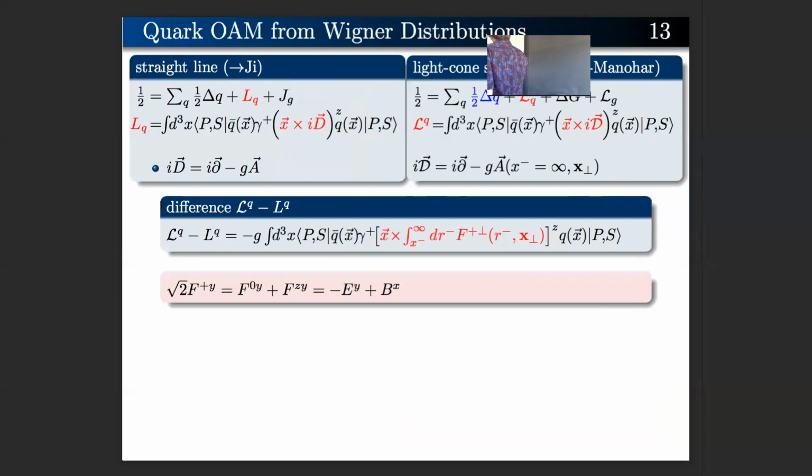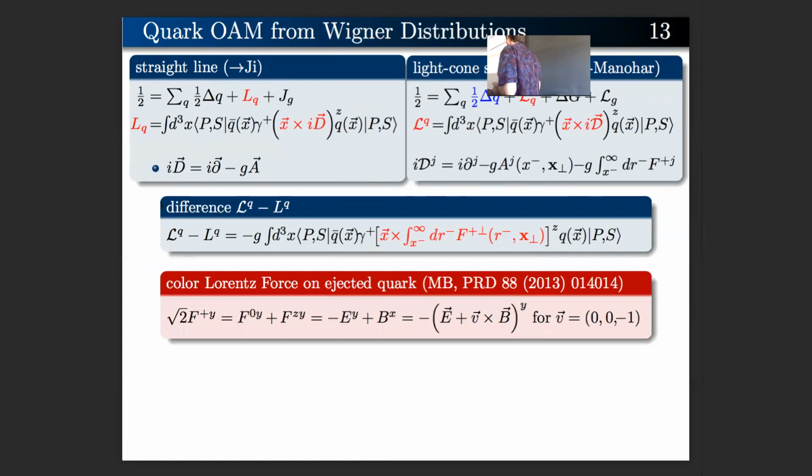If you now look at the difference between the two, that can be written as a matrix element that looks like a true Sivers-type matrix element that appears in single spin asymmetries, except that there is a cross product with the position here. And the particular linear combination of electric and magnetic fields that enters here is nothing but the Lorentz force for a particle that moves with the velocity of light in the minus z direction, in the transverse component of that force.